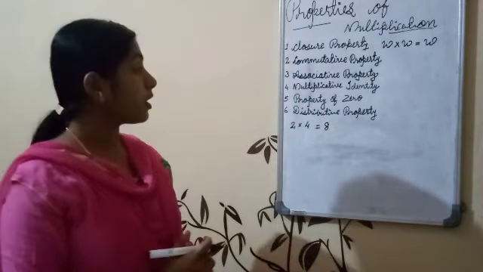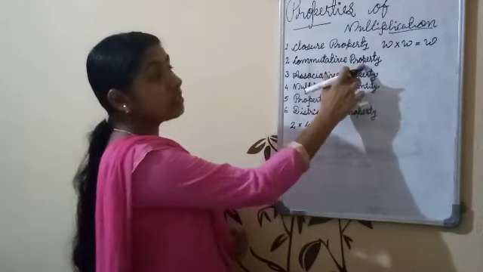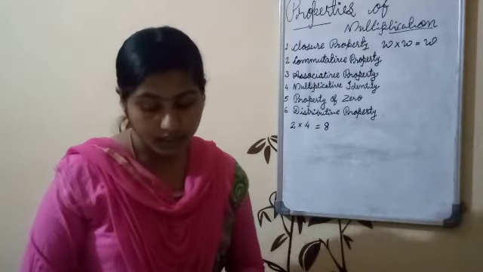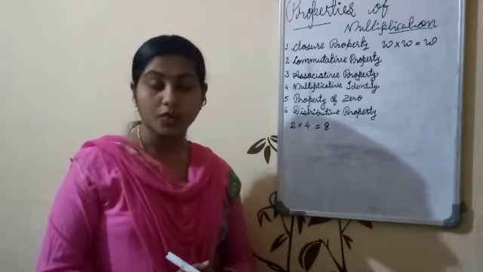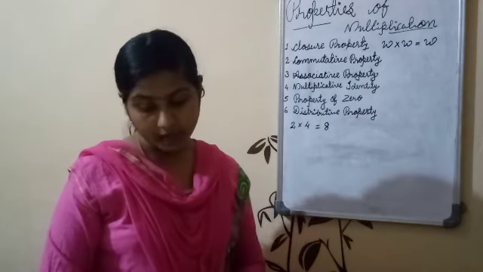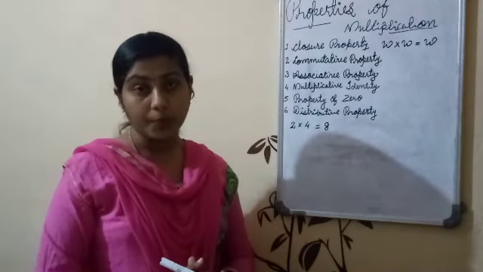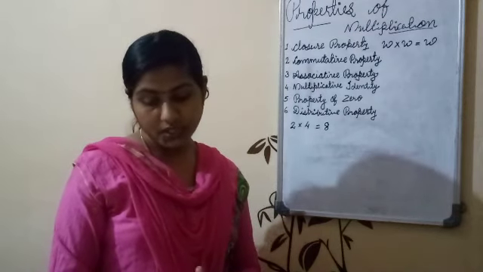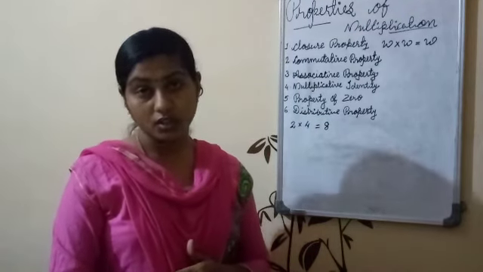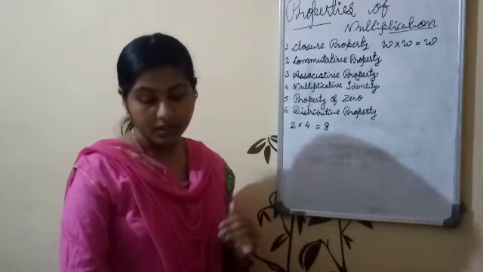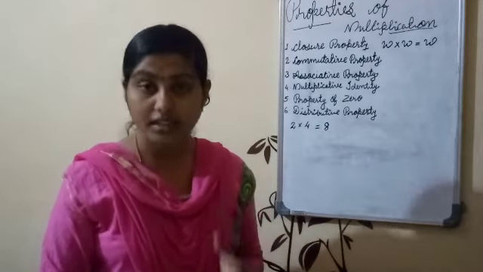The second property, commutative property. When two whole numbers a and b are multiplied, the order of those two numbers does not change the result.